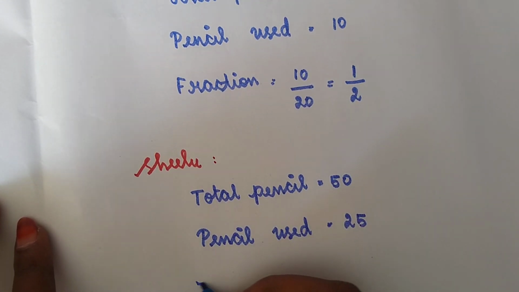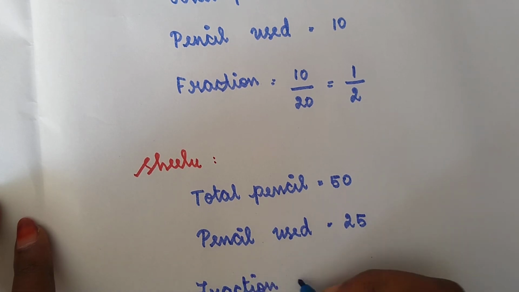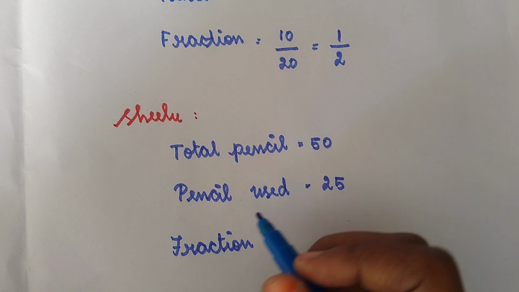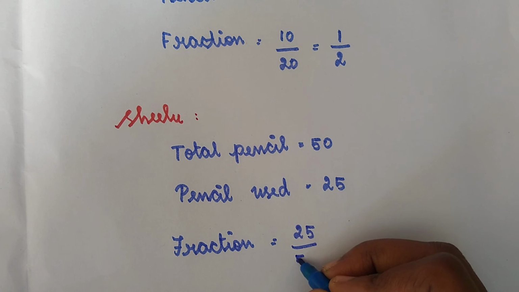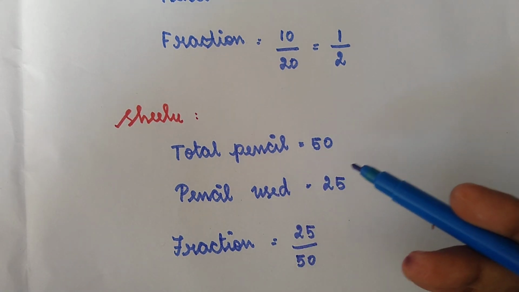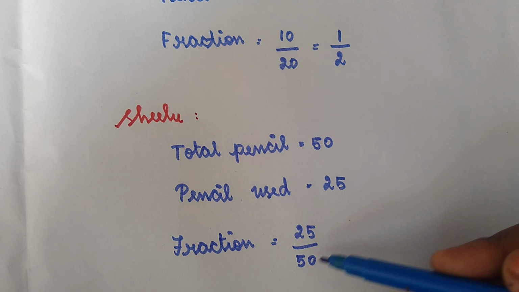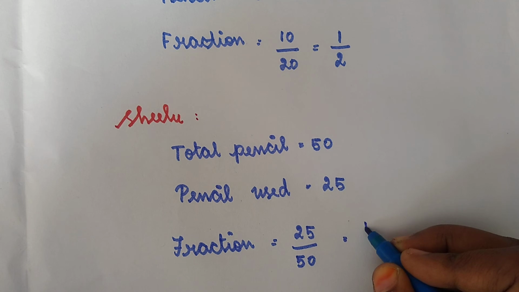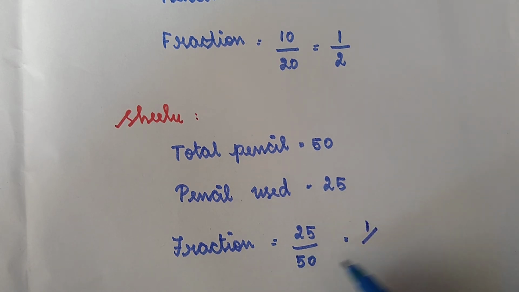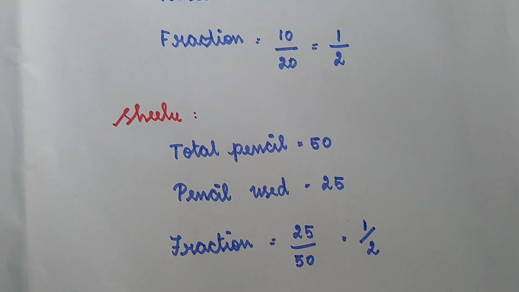So we have to find the fraction of these two. We get the fraction equal to 25 divided by 50. So she used 25 pencils out of 50 pencils. Then we have to convert it to the simplest form. We have to cancel in the 25 table. 1 25 is 25, 2 25s are 50. So we get the answer 1 by 2.